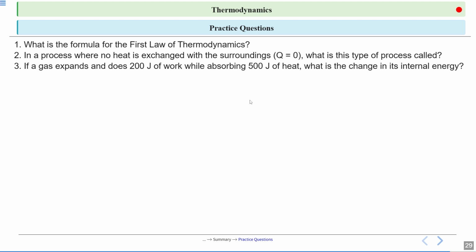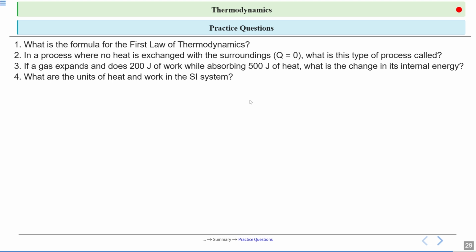How can we proceed? We know the first law of thermodynamics: heat supplied is equal to change in internal energy plus work. Here work is given. So using the first law of thermodynamics, it is solvable. Fourth, what are the units of heat and work in the SI unit system?